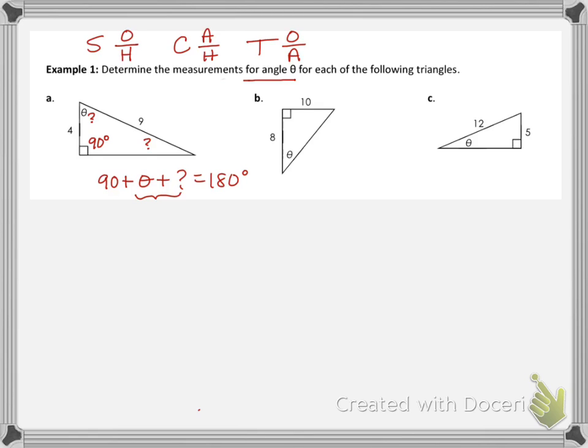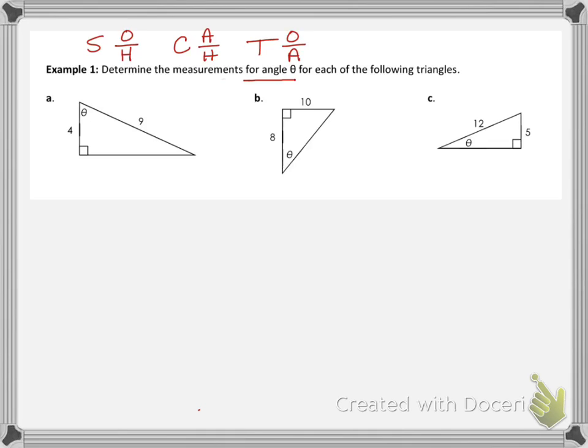So that property or characteristic that we used in geometry is of no use to us. But what they did give us is the length of two different sides of our right triangle. So we're going to use those to help us determine what this angle theta is.